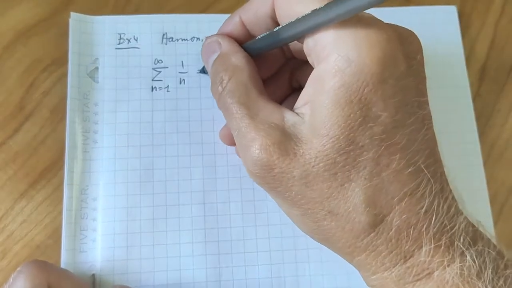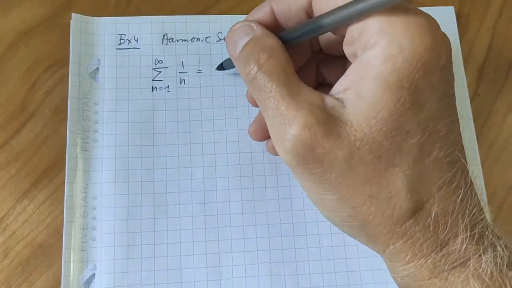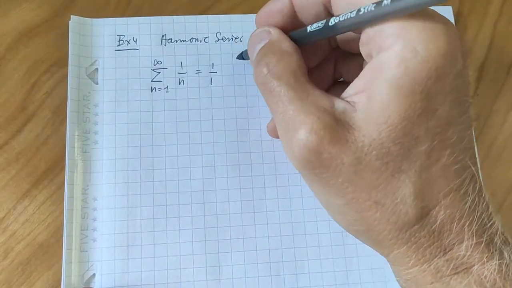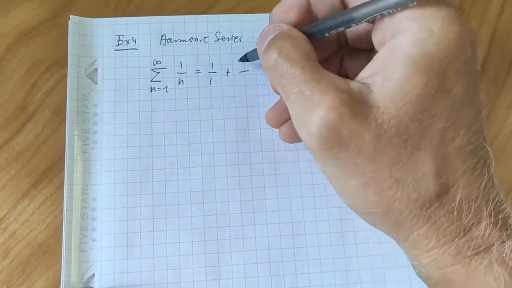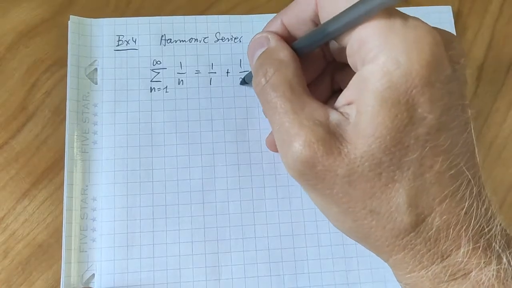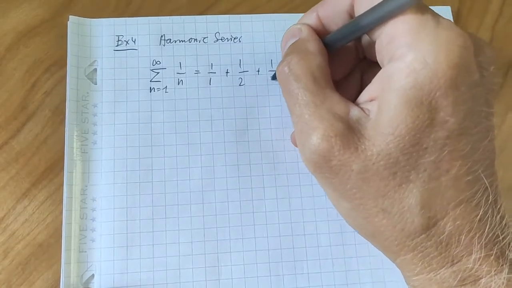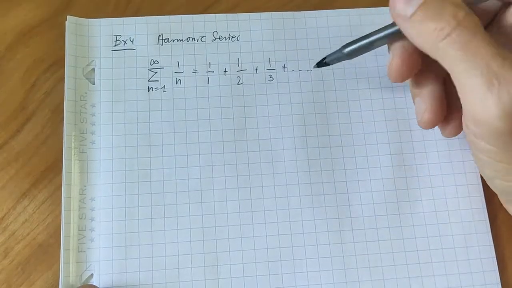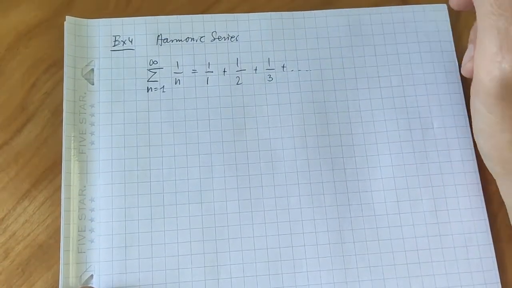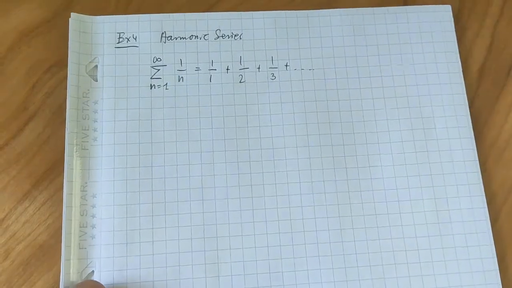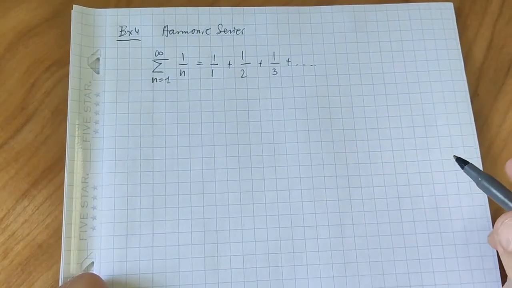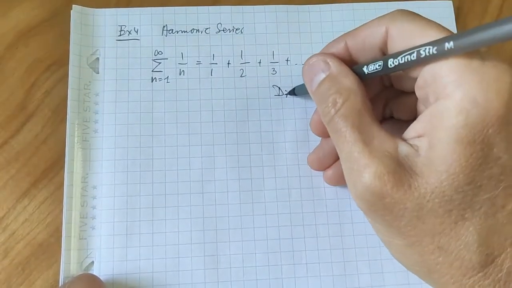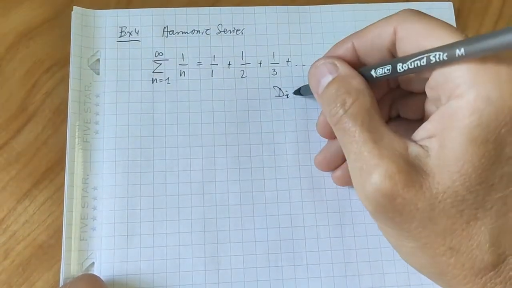Okay, so let's write a couple of those terms. So the first one is 1 over 1, and then I'll have 1 over 2, 1 over 3, and it keeps going. Alright, so you can see that the terms are getting smaller and smaller, so they do tend to 0, but as of now, we simply don't know.